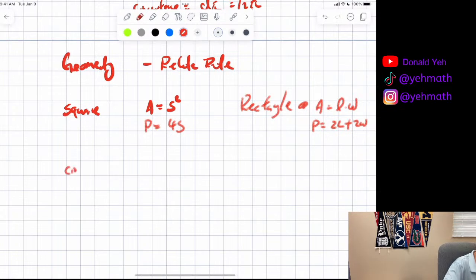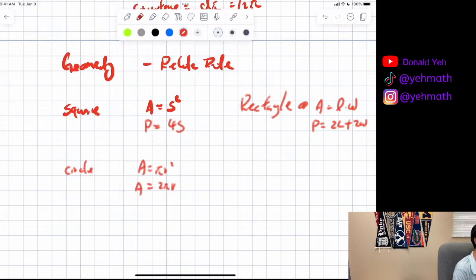Circles. Area equal to pi r squared, right? Guess what? If you take a derivative of this with respect to r, you're going to get circumference. Take a derivative of r squared, what do you get? 2 pi r.